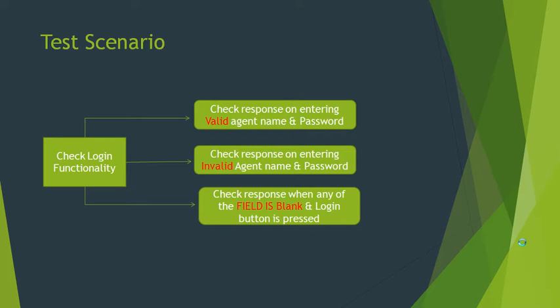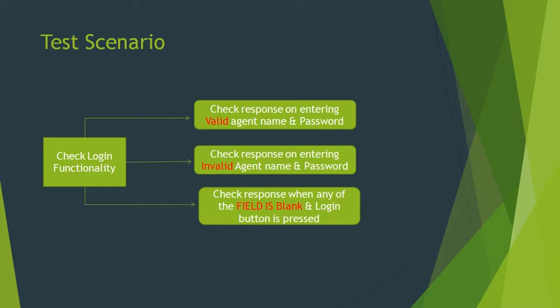So today we are going to see how to write test cases manually for testing the login functionality of Gmail. Here consider the test scenario to check the login functionality. There are many possible variations to check the scenarios.